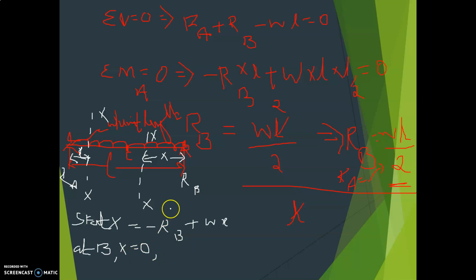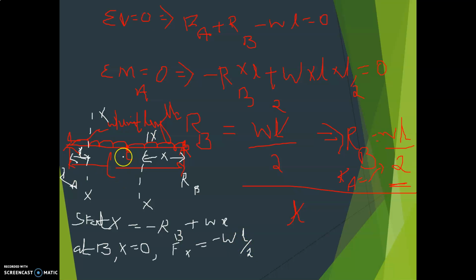So at B, shear force is equal to minus WL divided by 2. I'll write Fx. This is Fx is equal to minus WL divided by 2.